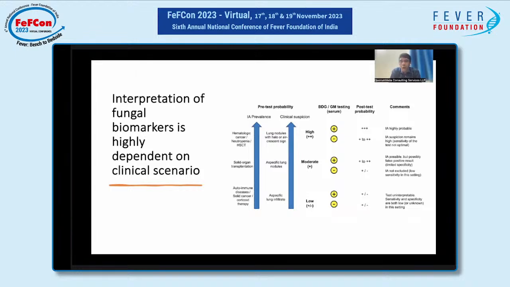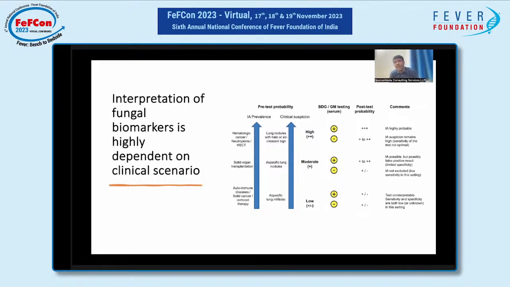We can call it the pre-test probability. If the pre-test probability for an invasive fungal infection is high, these blood tests like galactomannan and beta-D-glucan, that is another test. Beta-D-glucan is another test for aspergillosis. It's also positive in Candida. Well, galactomannan is positive only in Aspergillus.